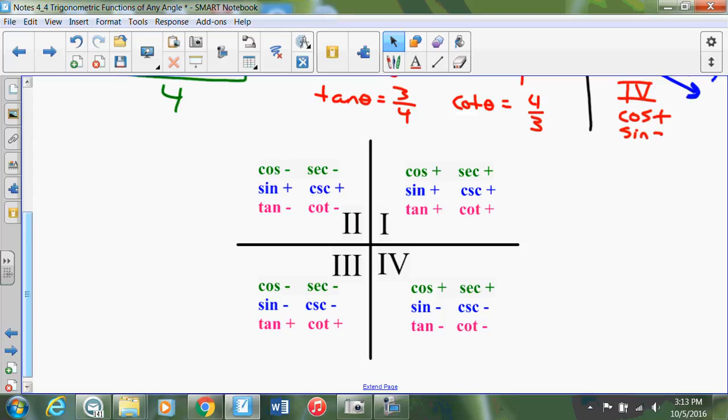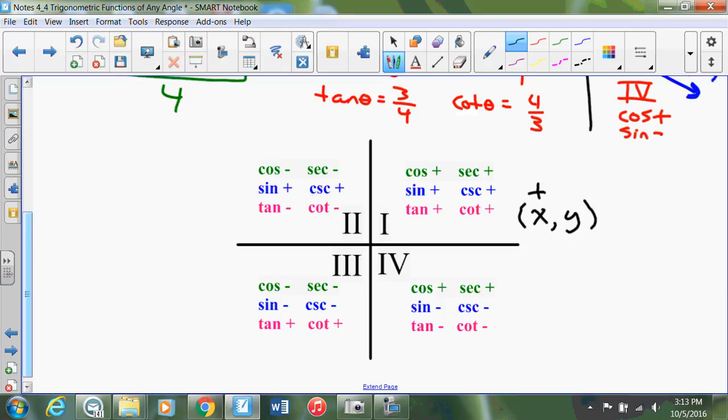And this stems from when you have a point in the first quadrant, it's going to be where x is positive and y is positive. And so that means, since cosine matches up with x, that cosine will be positive in the first quadrant as well as sine. And then you can take it from there, because we know that if cosine's positive, then its reciprocal will also be positive.